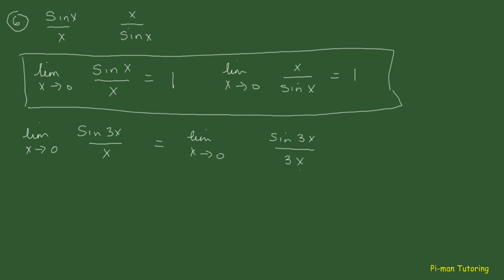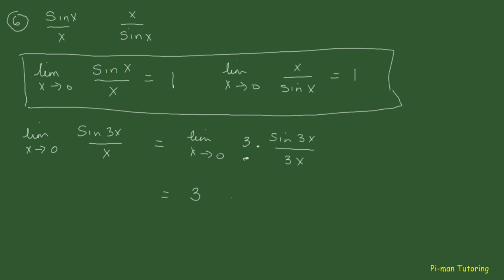Now we've introduced a 3 in the denominator, so we have to introduce a 3 in the numerator as well. And from our properties of limits, we know that the limit of a product is the product of the limits. So the limit as x tends to 0 of the number 3 is just 3.